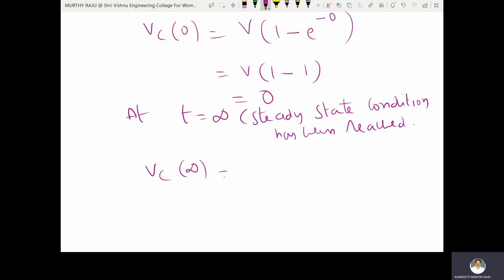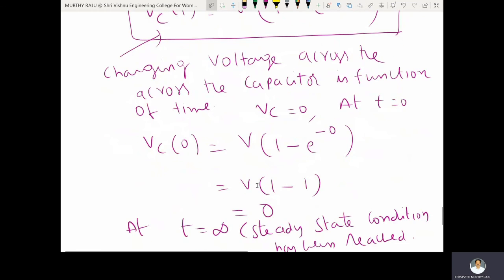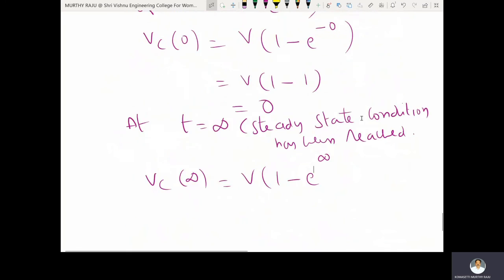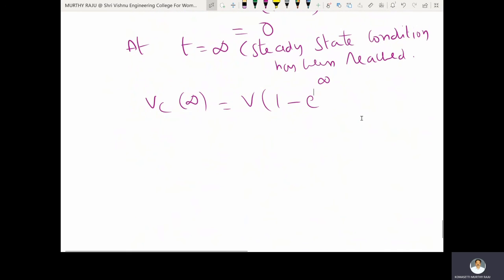Vc of infinity is equal to V into 1 minus e power minus infinity by RC, that means e power minus infinity is 0. That is equal to V. The capacitor is charged to the applied DC voltage V at steady state.